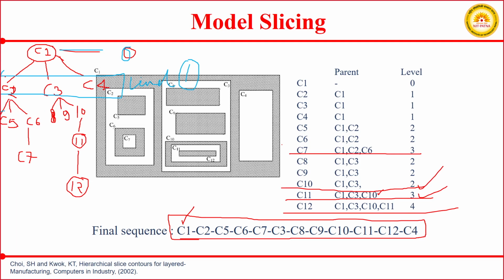Then we are having another set that is corresponding to group number 2, or level number 2. Then we are having another set. This is corresponding to level 3. Then we are having corresponding to level number 4. Okay, so this is how we can write the level number of these parents and relationship.